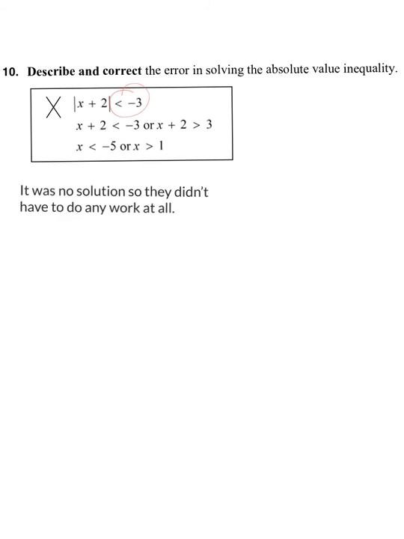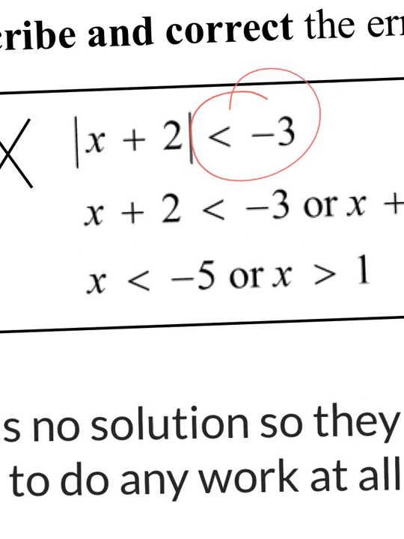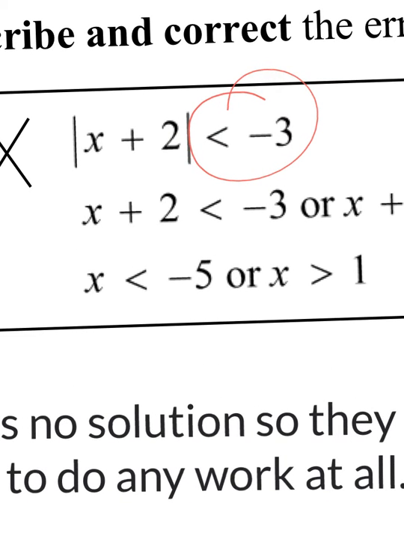So number 10, it's a little different because I want you to describe and correct the error that somebody made while solving this absolute value inequality. They did the arithmetic correctly, where they did x plus 2 is less than negative 3. They showed their work a little bit differently than I do since I make the two-sided inequality.